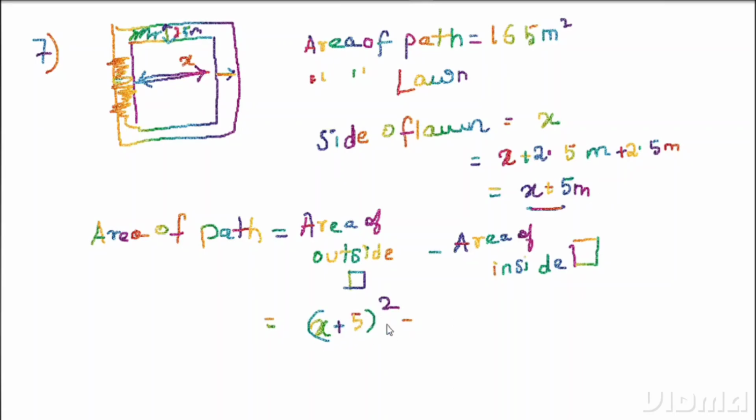And inside square का साइड क्या निकाला था, we took that as x, so that is going to be x square.